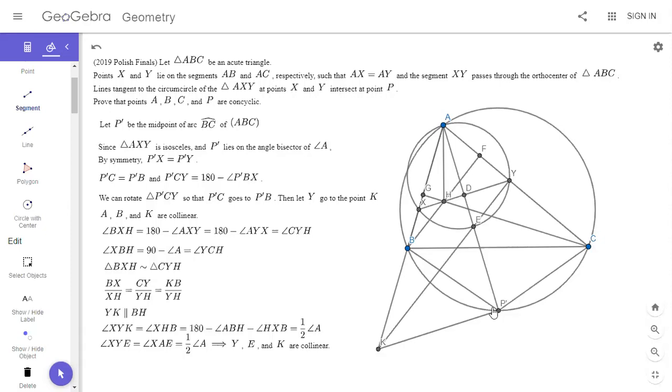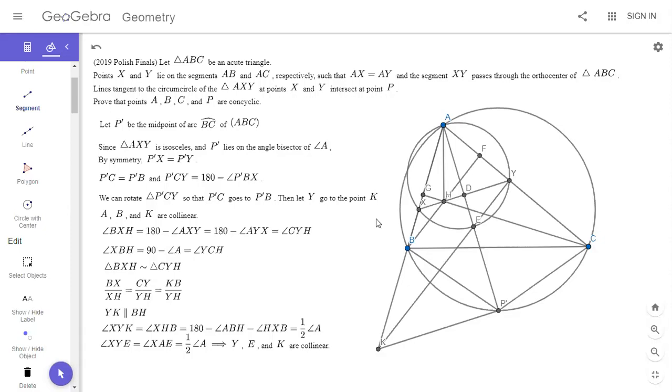Let's see. And then I think an angle chase might do it.